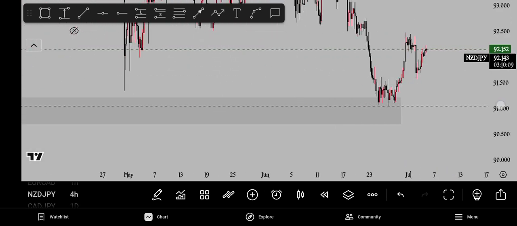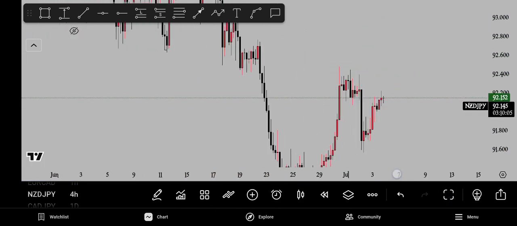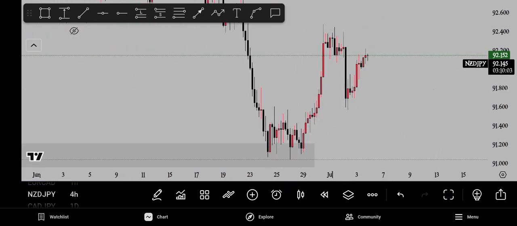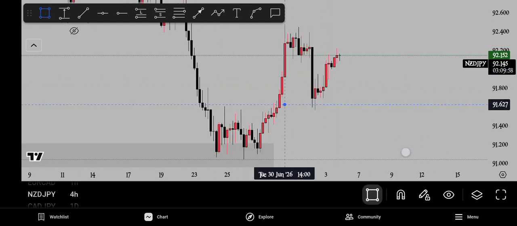NZDJPY: price tapped into this daily demand and is pushing up. We have price reacting from this demand also, this forward demand.